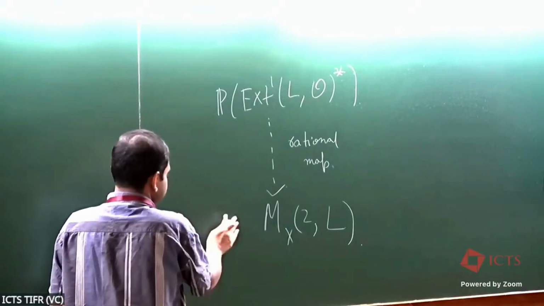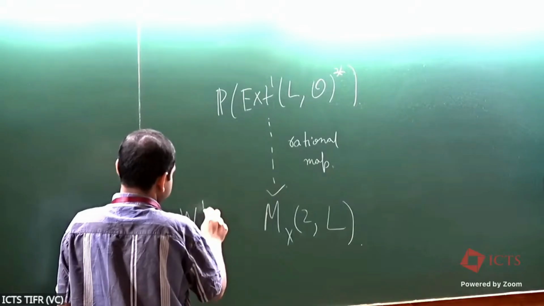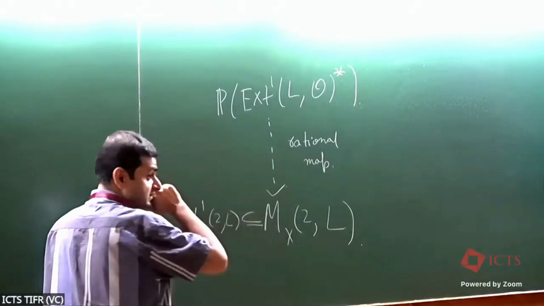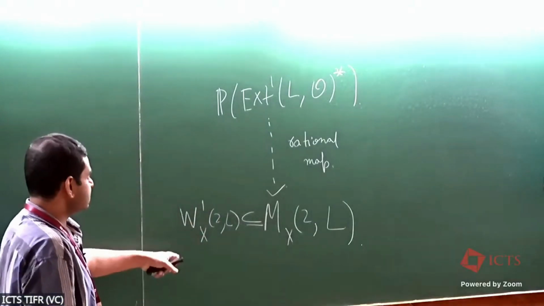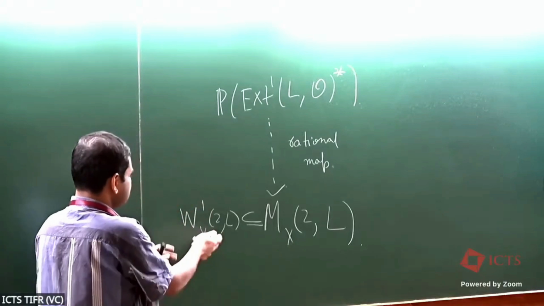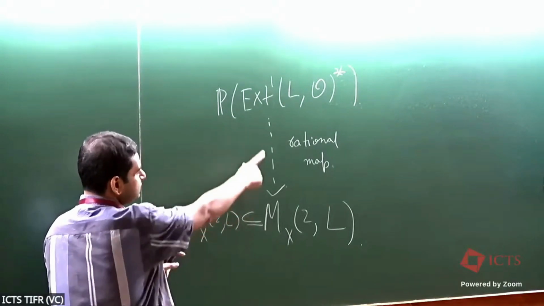And we have this subvariety inside it. All we are interested in is studying rationality of this subvariety using this map.